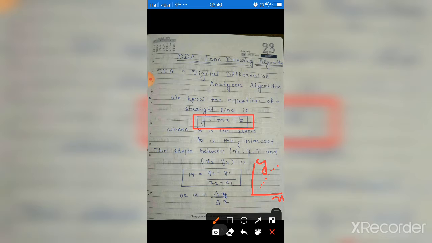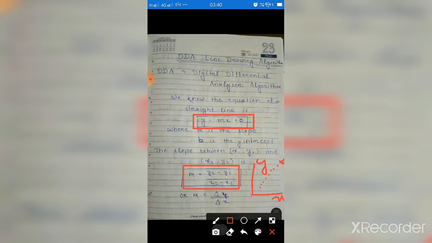Suppose this first dot is x1, y1 and this is x2, y2. The first endpoint is x1, y1, the last endpoint is x2, y2. Between these two endpoints we draw a line. For that we use this equation. First we find the slope. m equals (y2 minus y1) by (x2 minus x1).